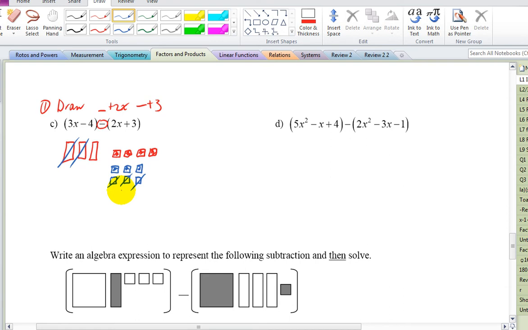Okay. So if you can't take it away, what do you have to do? Put down 0 pairs. Okay. All right. So here we have 1x minus what? 7. So if you look at the numbers now, 3 minus 2x works out.